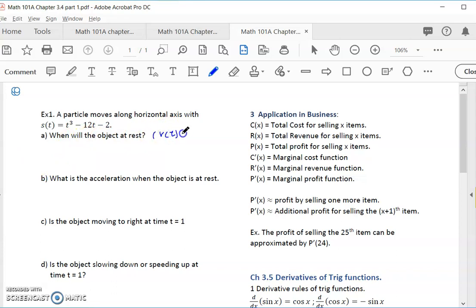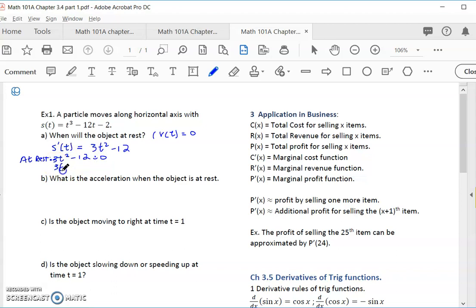Velocity equal to 0 would be when it is at rest, right? So we would find the velocity by doing s prime of t. We do a derivative of this. Power rule: 3t squared minus 12. Okay, so that is the velocity. At rest means solving this equal to 0. So 3t squared minus 12 equal to 0.